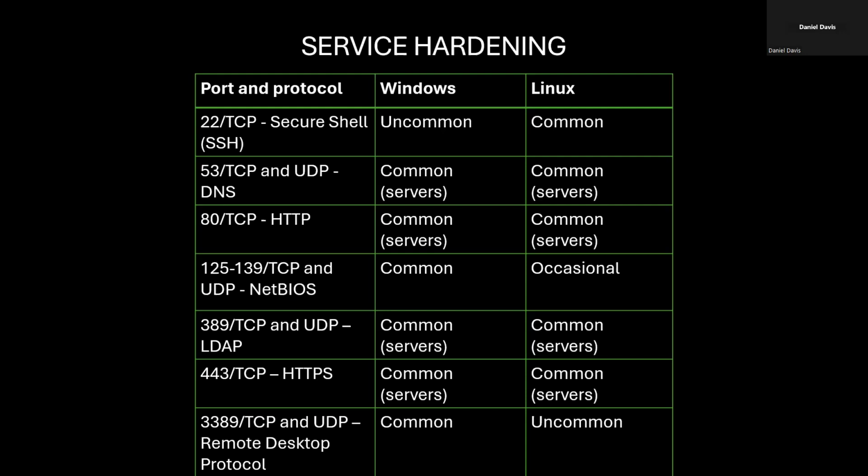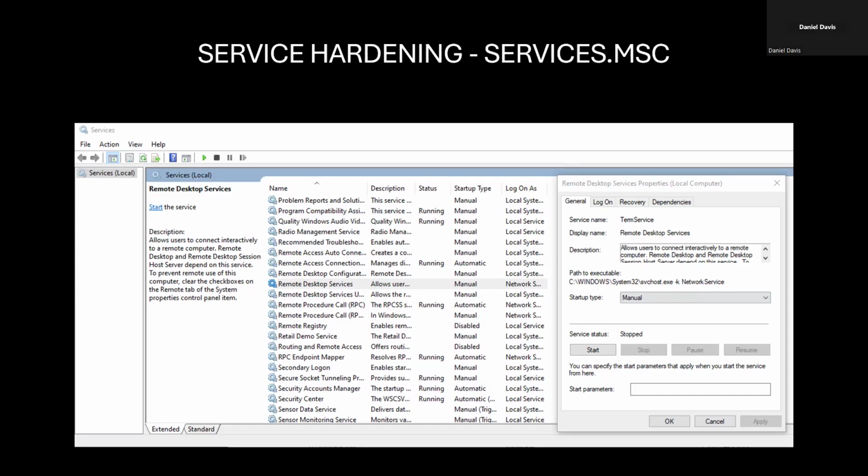So if we saw traffic on port 21, port 23, or port 80, we'd probably know that's unsecure or unencrypted traffic.